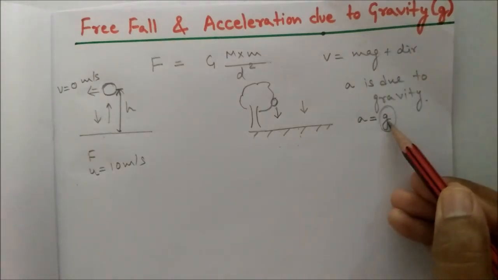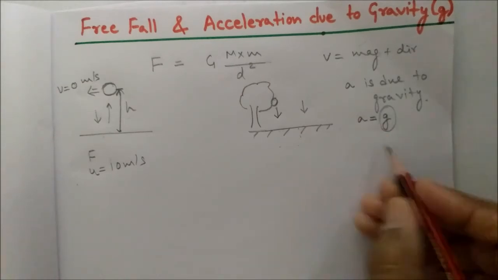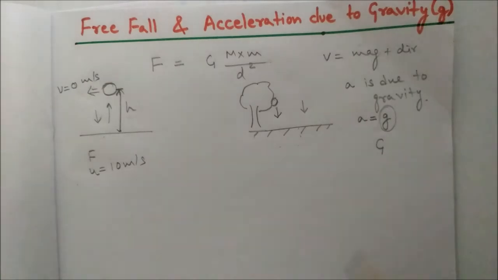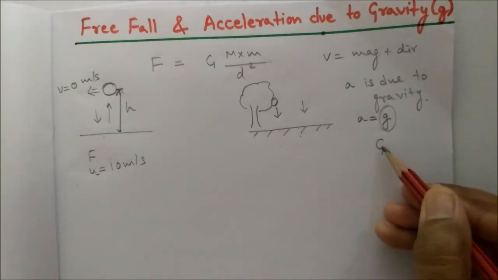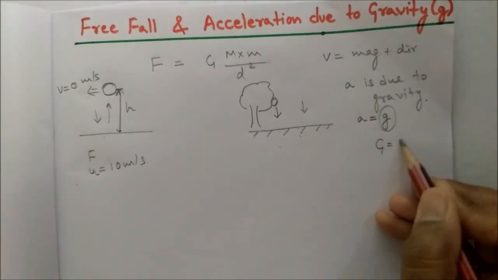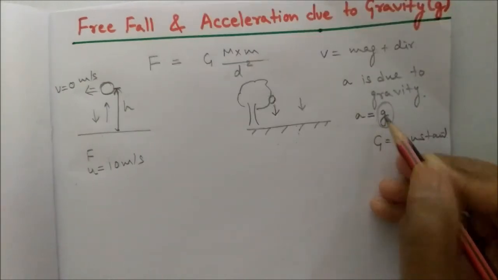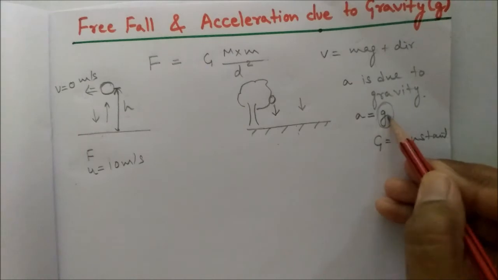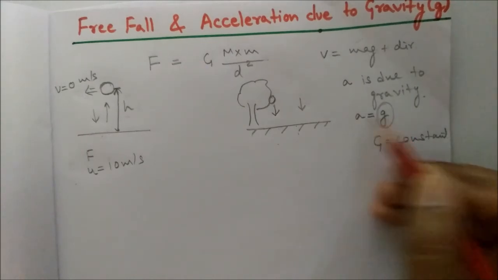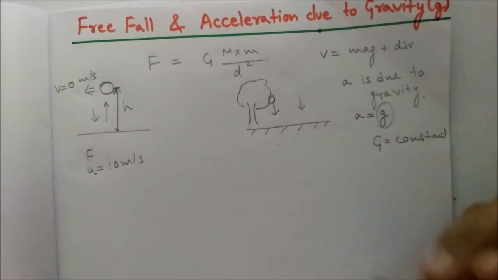And students, don't confuse the small g with the capital G. Capital G is what? Capital G is the universal gravitational constant. This is a constant. And small g is the value of acceleration only, and this acceleration is due to gravity.